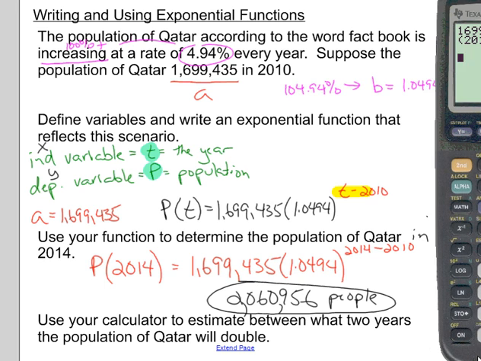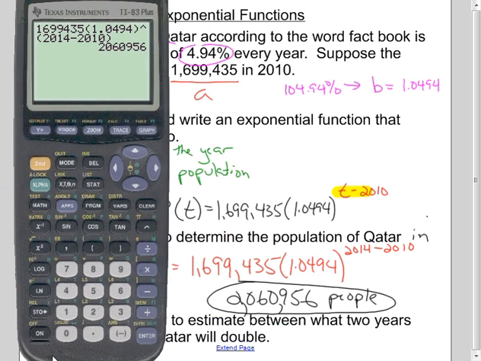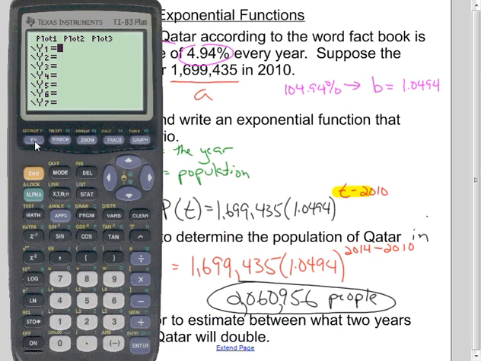Okay, well, I'm going to bring my calculator back, and I'm going to go to my y equals, and I'm going to enter the function 1699435 times 1.0494 to the, and then using my parentheses again, x, in this case, t, x will represent t, because it's the independent variable, it's the input, minus 2010.